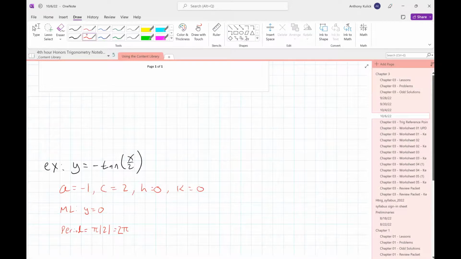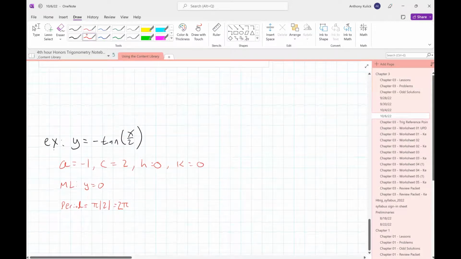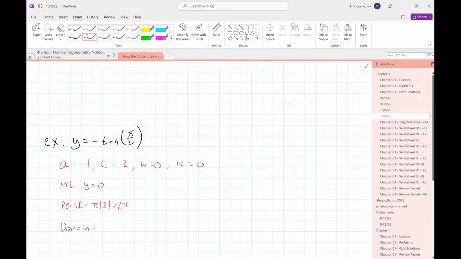What's the domain going to be? All the numbers x can't be anything but pi over 2 plus 2 pi n. Very good. I've been writing it as you've been saying it.